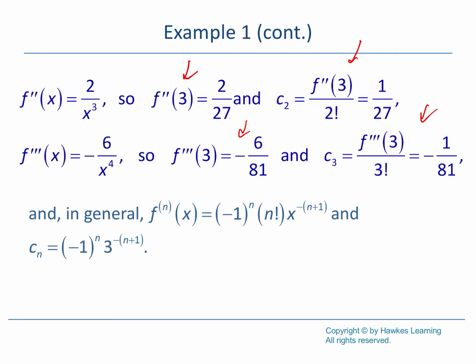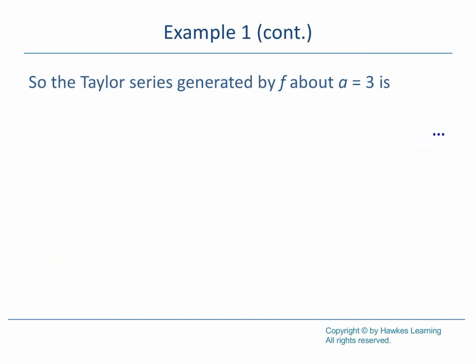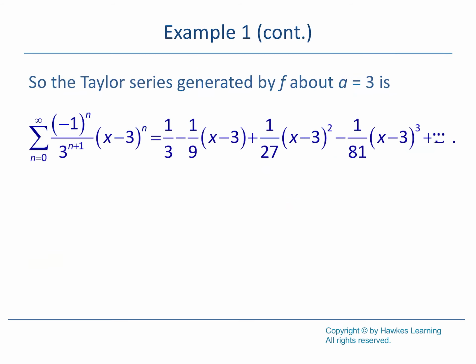Okay, and in general, the coefficients end up looking like this. And we actually have a geometric series going on with these coefficients. You can see that there's this geometric series here, with the 1/3 and then negative 1/9.